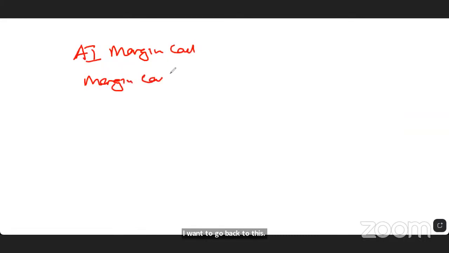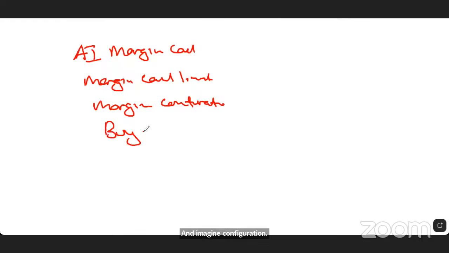What is AI margin call? I want to go back to this: margin call limit and margin configuration. And then buying callback.